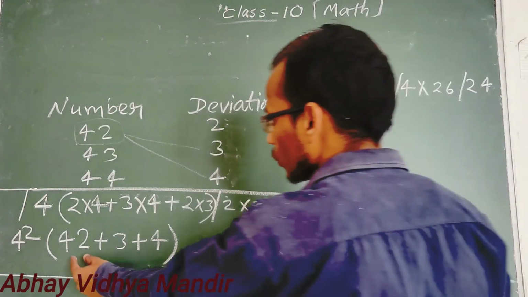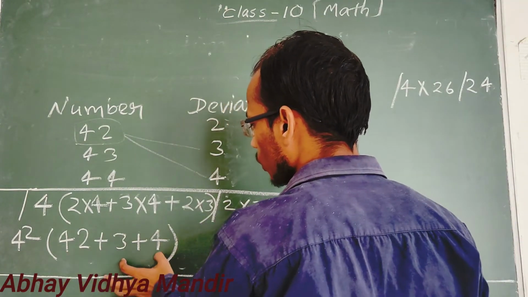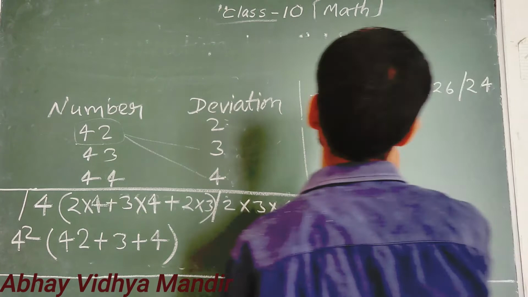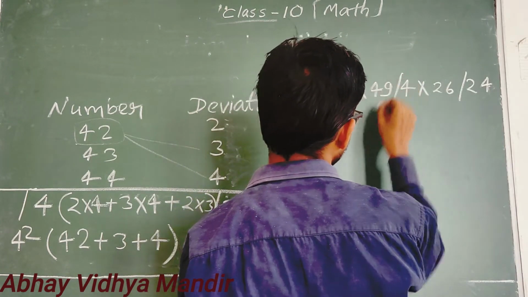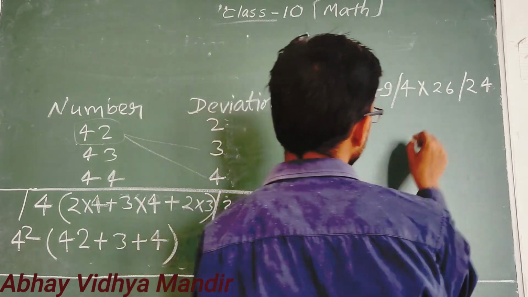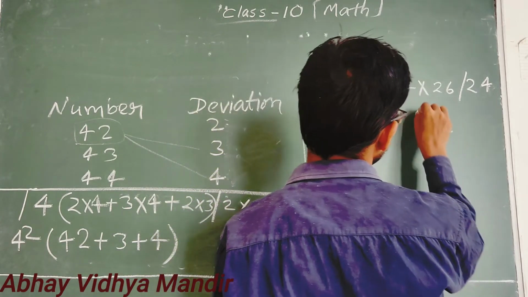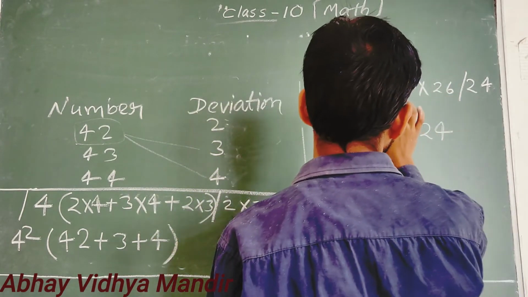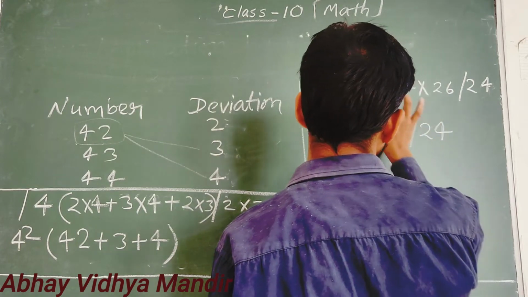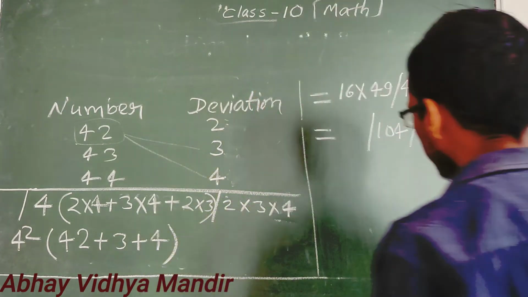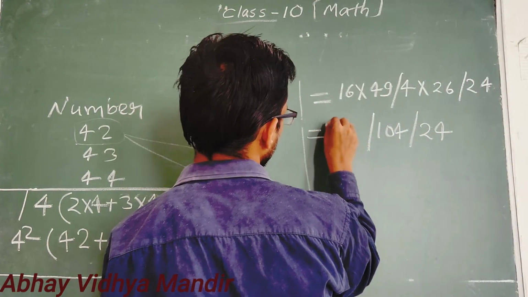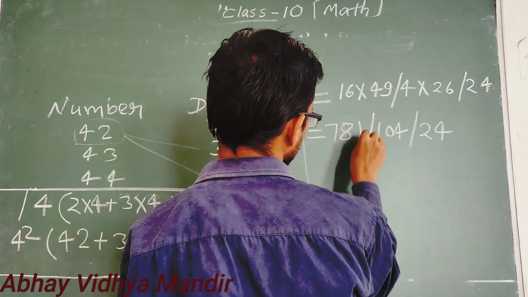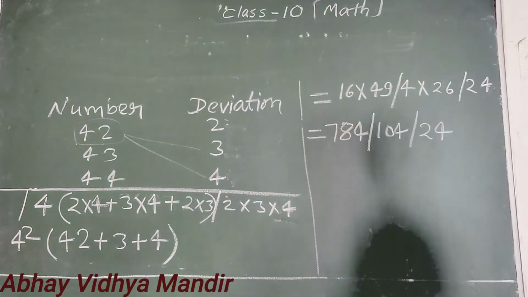Okay. This is 42 plus 3 plus 4, 49. 49 into 16. Okay, solve these. 24, oblique 104, and this will be 784.